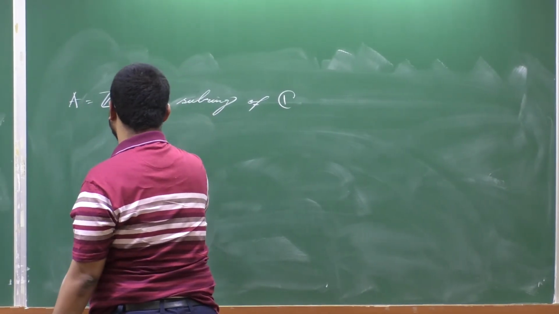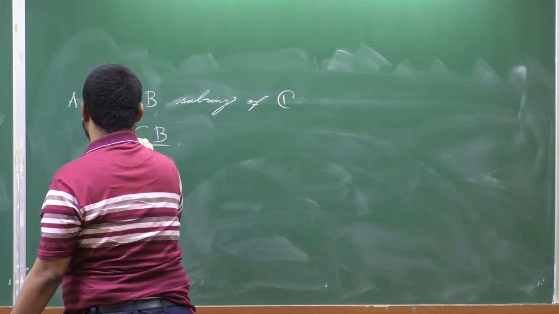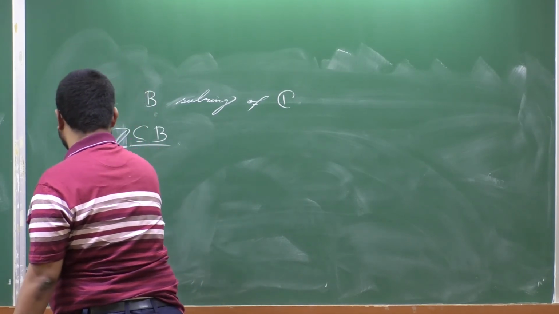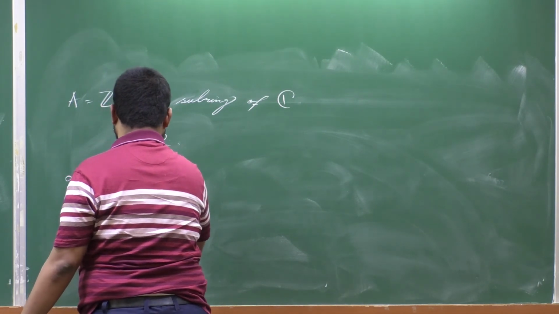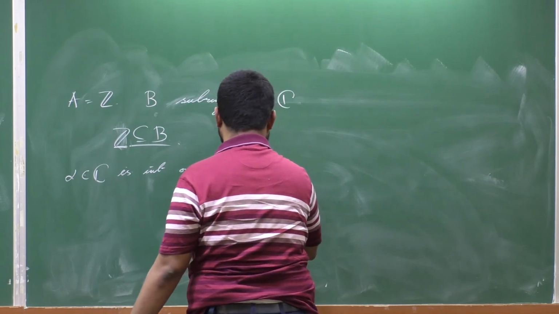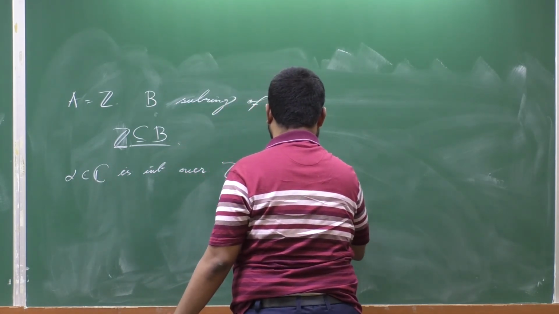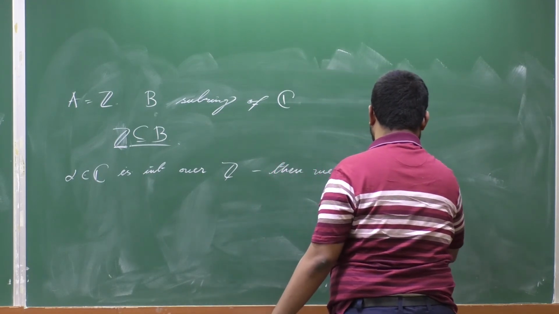So automatically any subring of C contains Z. That is clear. So if a complex number is integral over Z, then we say that it is an algebraic integer.